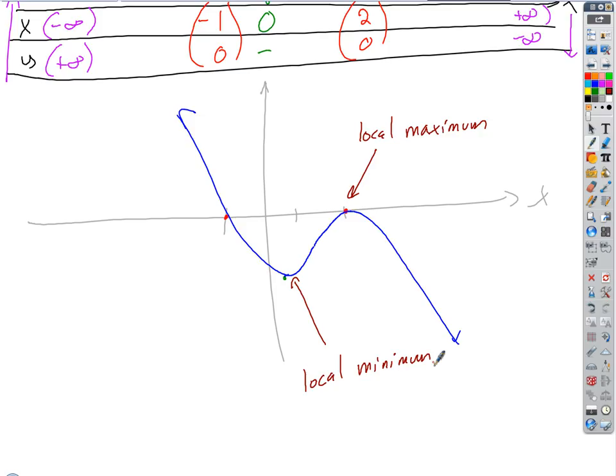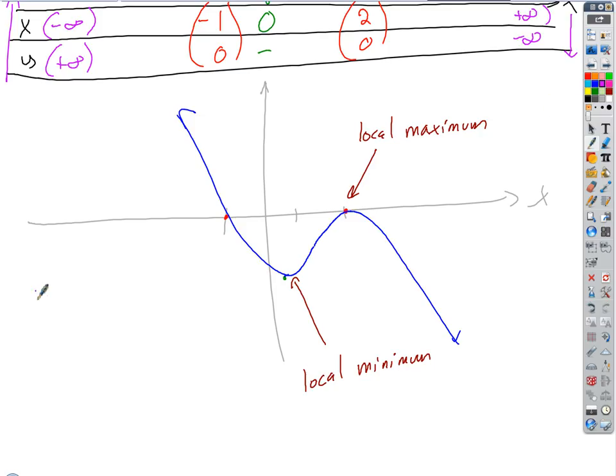Like a local issue is one that affects people in Pendleton but not people in China, right? So this is a local maximum because if an ant's standing here, relative to his immediate surroundings, he's in the highest place, right? But there might be other places, and there are other places on the function that are a lot higher, right? Same thing down here. The ant is standing in a valley, so he's in the lowest place locally, but far away there might be places that are lower.